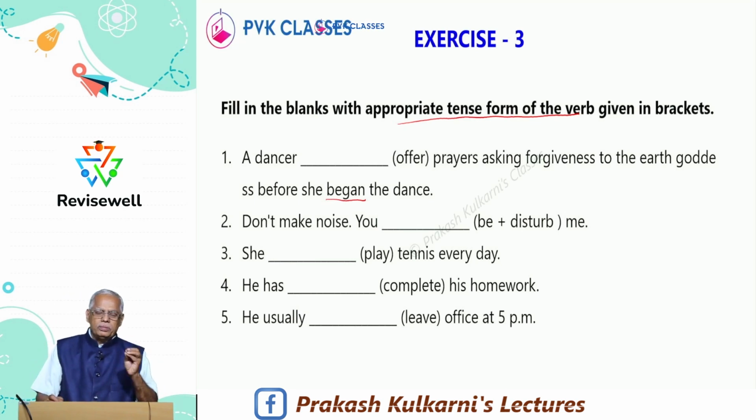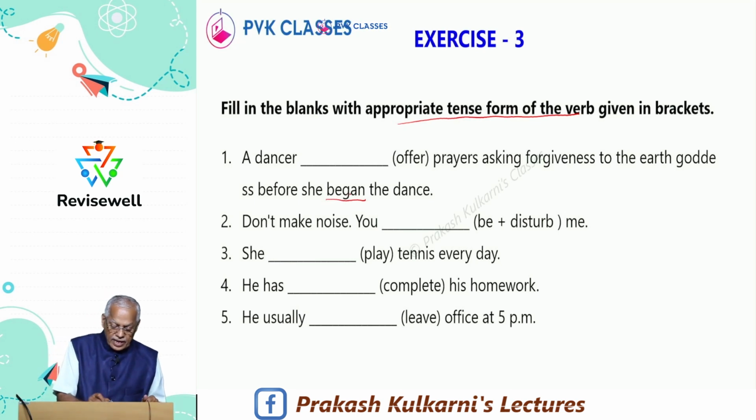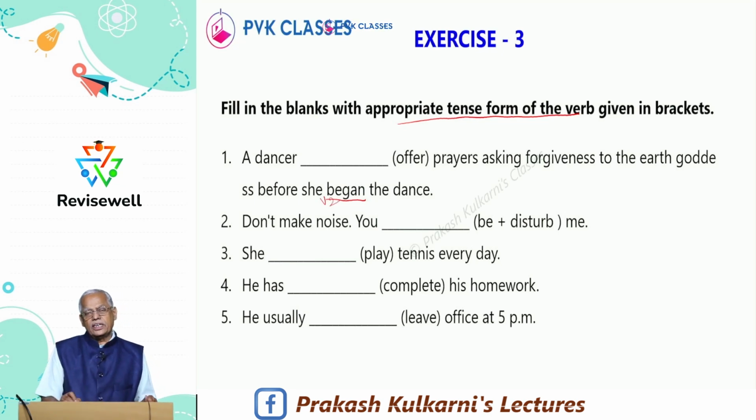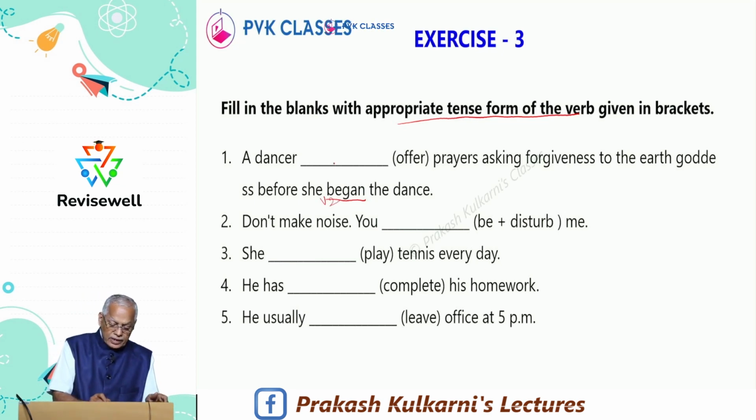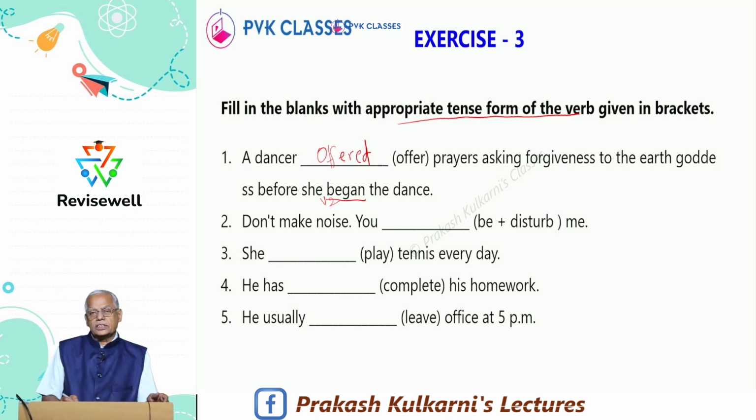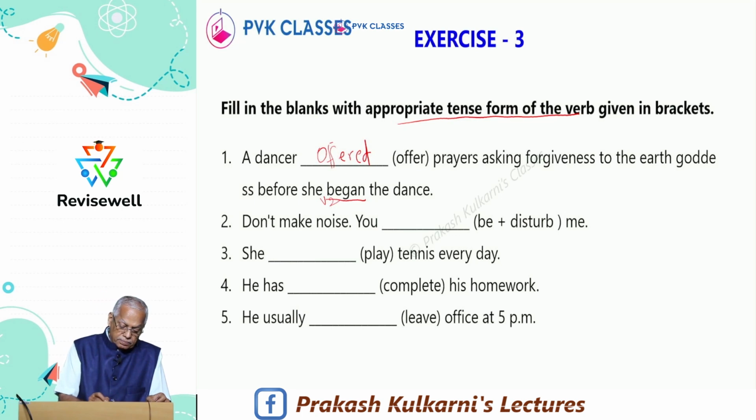Some clue will be there for you to fill up the correct tense form. Here began is there. So begin, began, second form of the verb, so it is a simple past. A dancer offered prayers asking for forgiveness. So it is simple past tense.